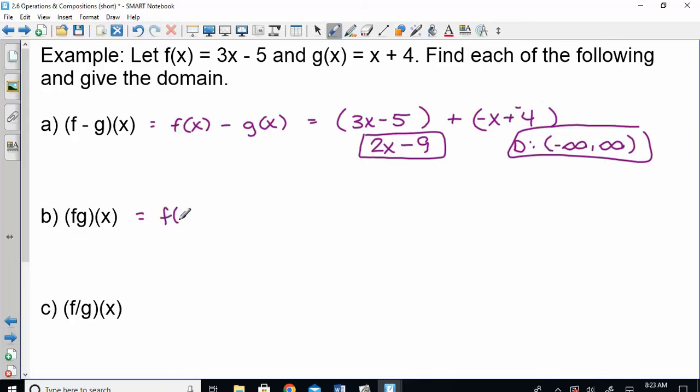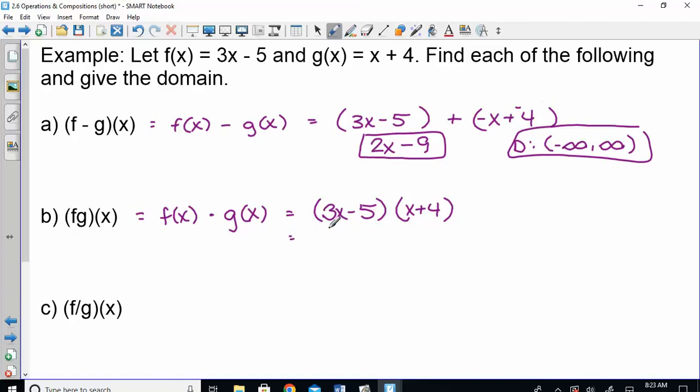So f times g. We just have to take f of x and multiply it with g of x. So f of x is 3x minus 5, times g of x.